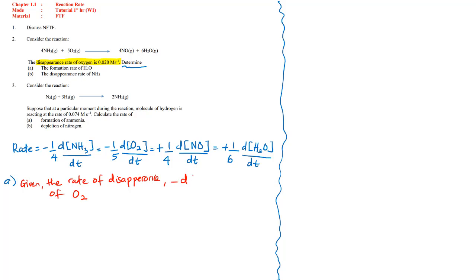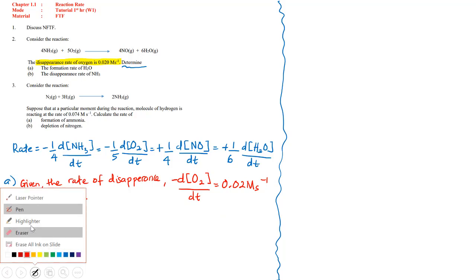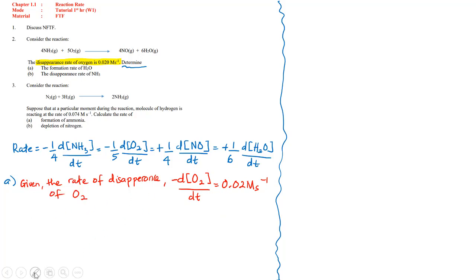So it is negative d[oxygen gas]/dt, which is equal to 0.02 molar per second. So that is given to you in the question.